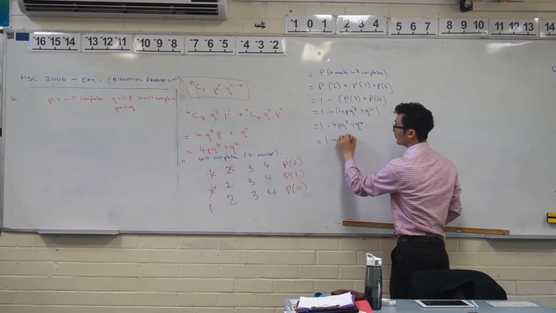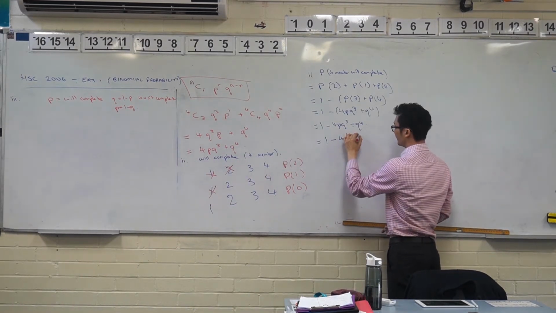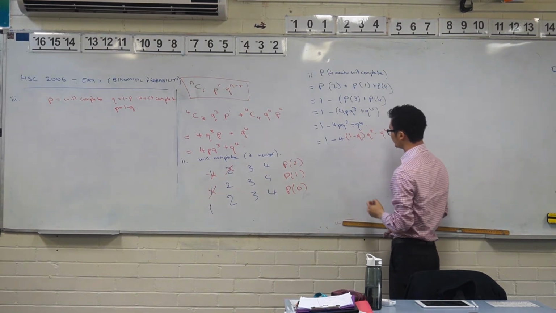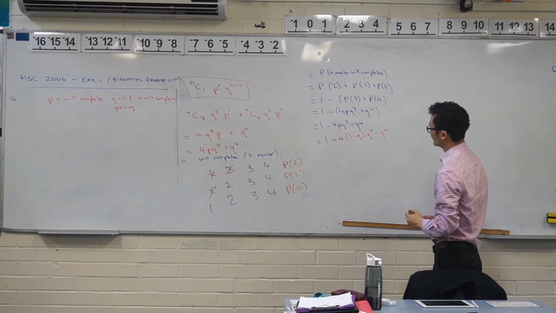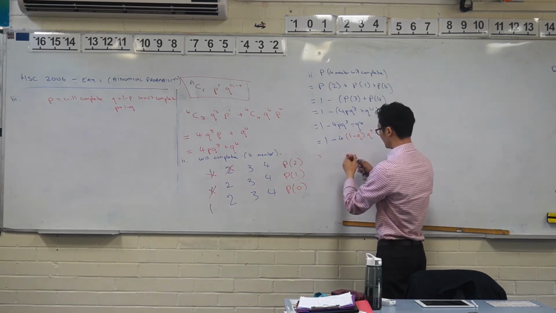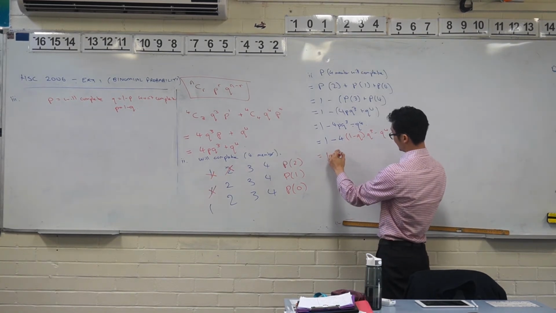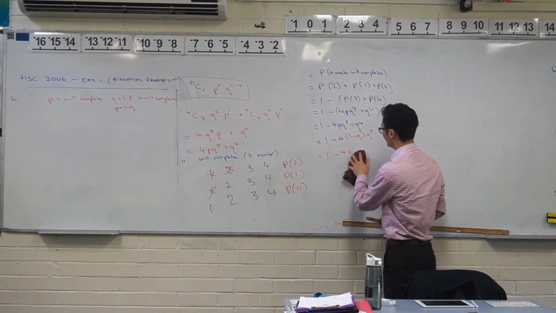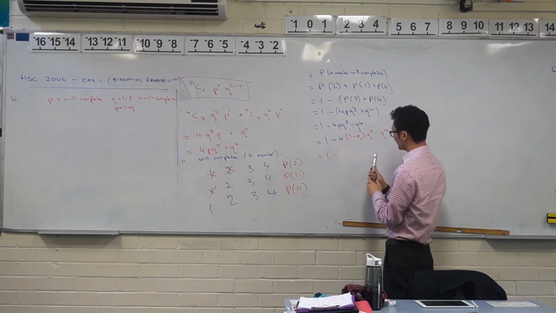So that's 1 minus 4Q cubed times (1 minus Q) plus Q to the power 4. Not the nicest expression, actually. Can we expand that? Maybe we can. Let's expand that inside part first.